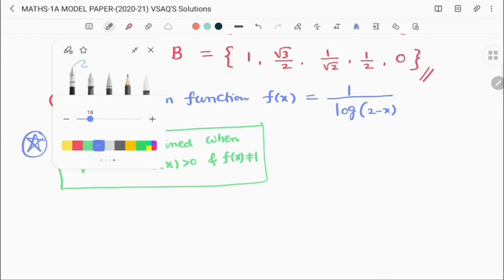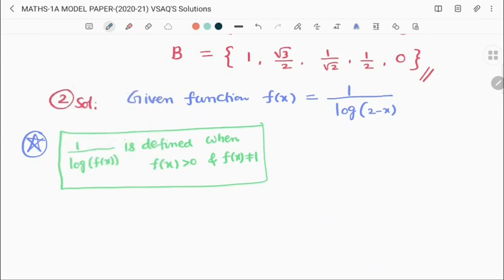Then you can give the solution. Even here, according to the question, f of x is defined when, in this, f of x is 2 minus x only. So 2 minus x is greater than 0 and 2 minus x should not be equal to 1.